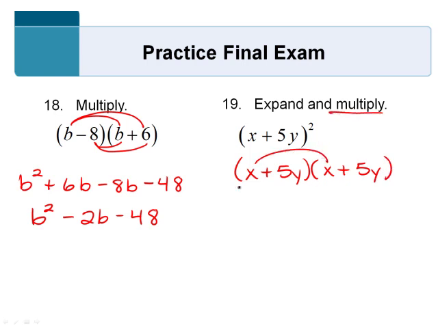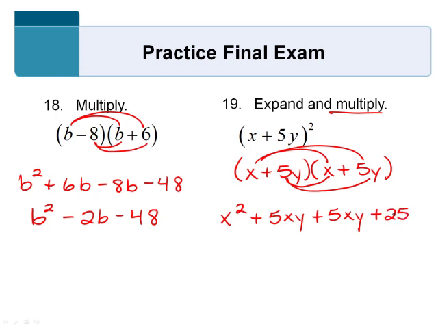So x times x is going to be our first term, x squared. The outer term, x times 5y, would be 5xy. Then you have your inner term, 5y times x would also be 5xy. And now be careful, 5y times 5y is going to be 25, because you multiply the 5's, y squared.